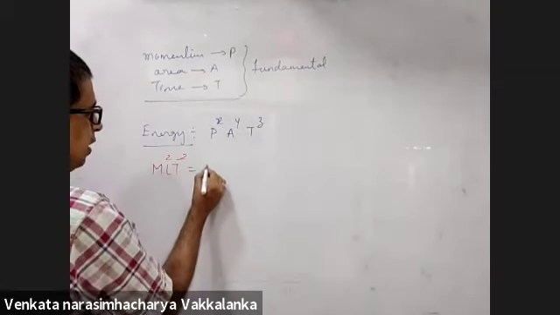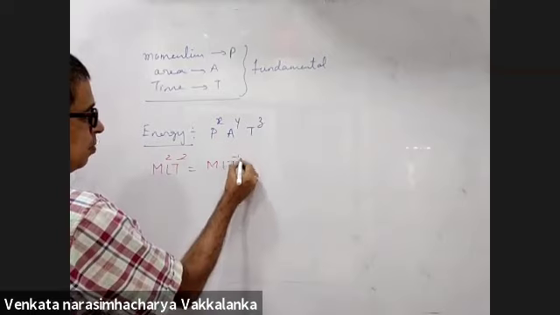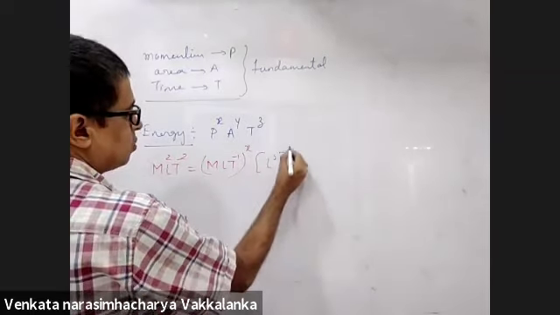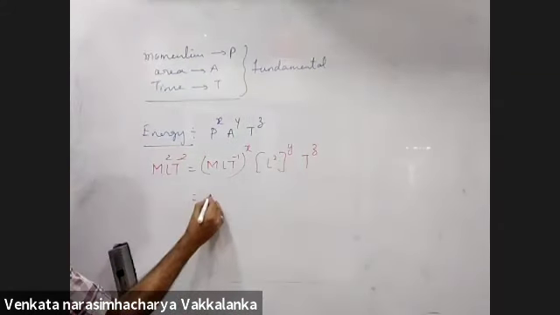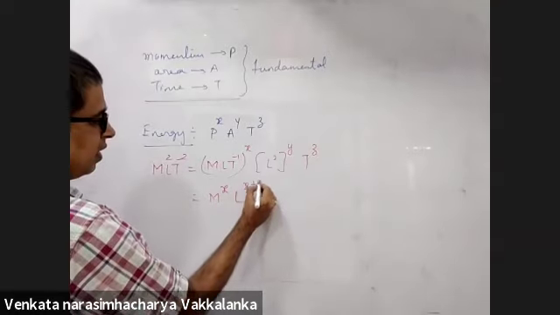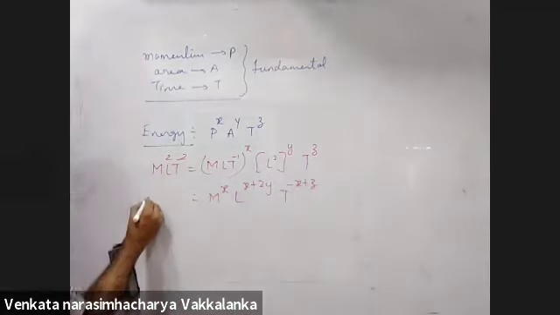Now this should be M, mass, into velocity L T to the power minus 1 to the power x, L squared to the power y, T to the power z. This will be M to the power x, L to the power x plus 2y, T to the power minus x plus z.